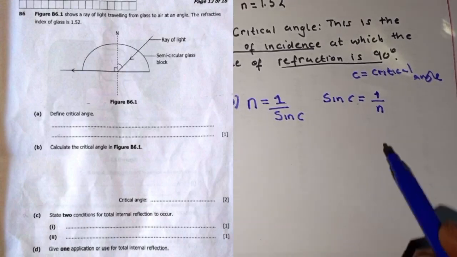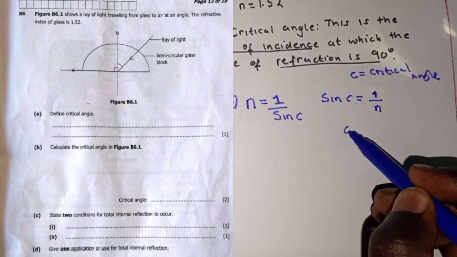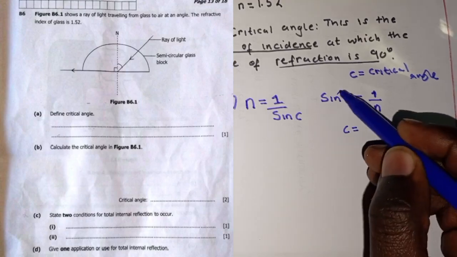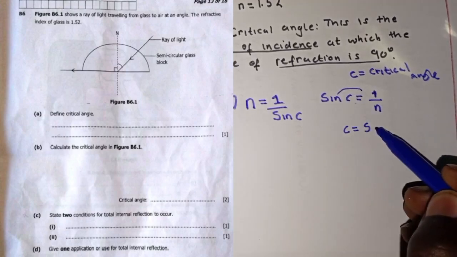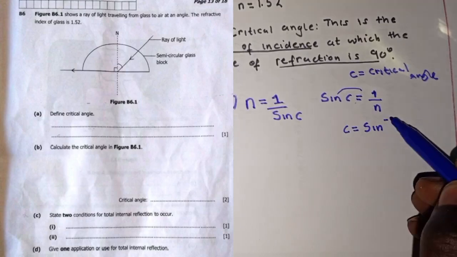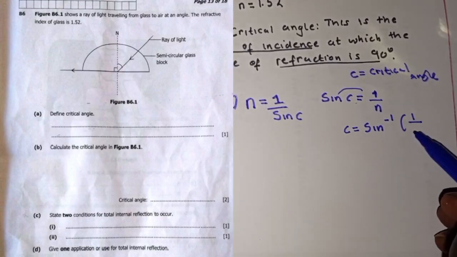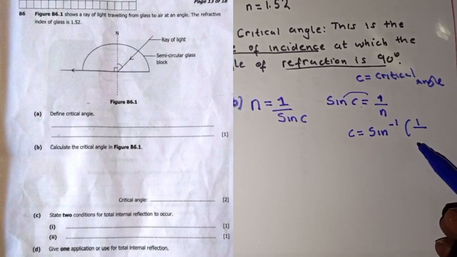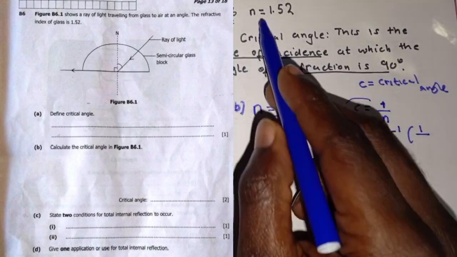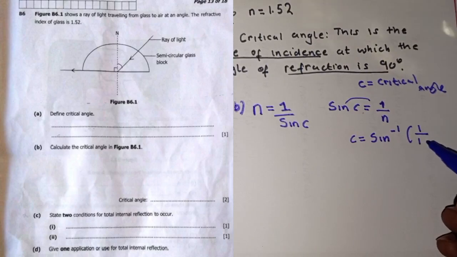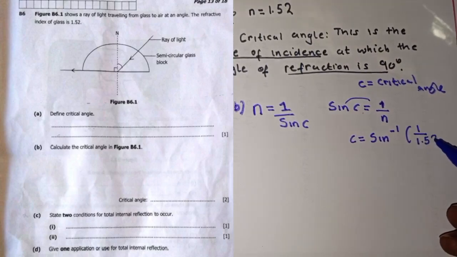So to find C, when we take the sine this side, it becomes sine inverse of 1 over n. We had already said that n, which is the refractive index, is 1.5.